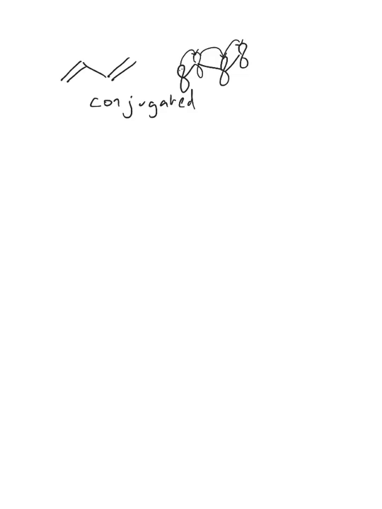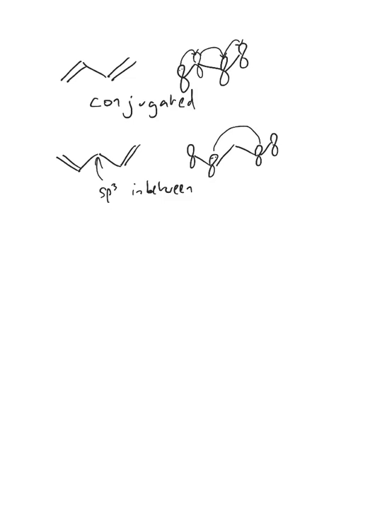Whilst, say, something like this double bond with an sp3 carbon in between does not allow for resonance or conjugation, because there is no way that these electrons can get to this p orbital or vice versa. Therefore, this is not conjugated.